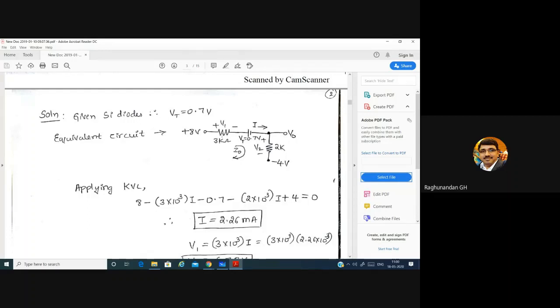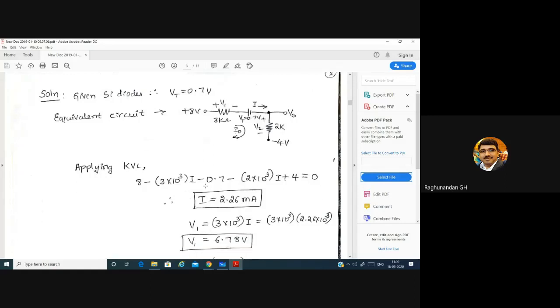When you know the current and resistance, you can easily find the voltage by using Ohm's law. So first we'll apply KVL to the input circuit and find I. Since the current is common to this entire loop, the current flowing through this loop will be the same.